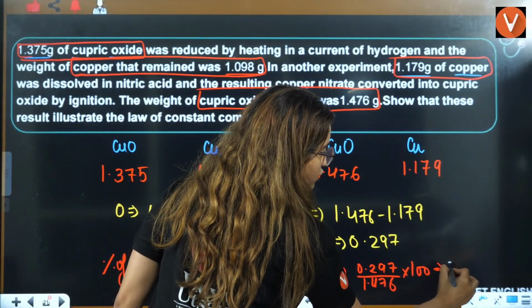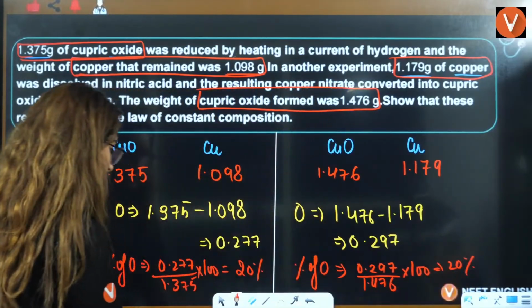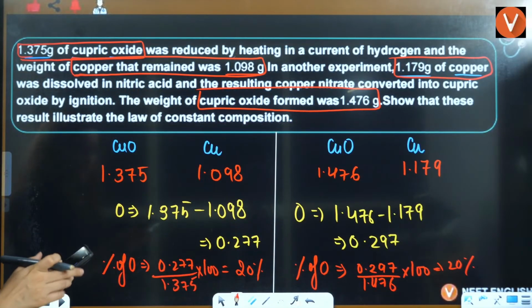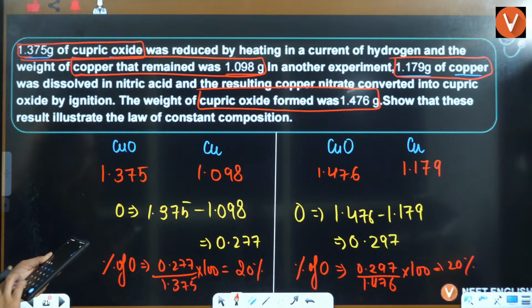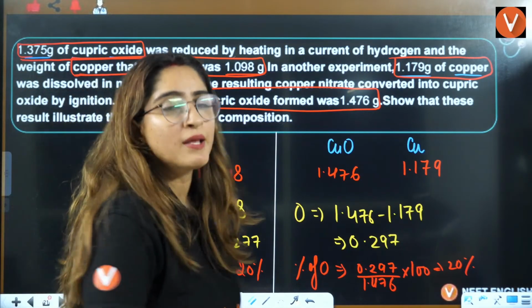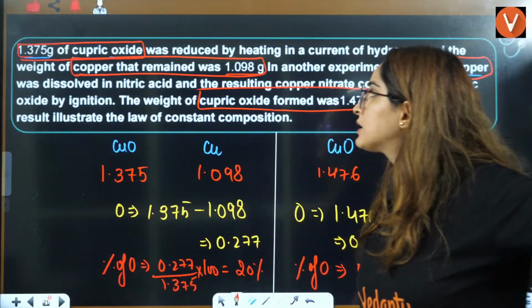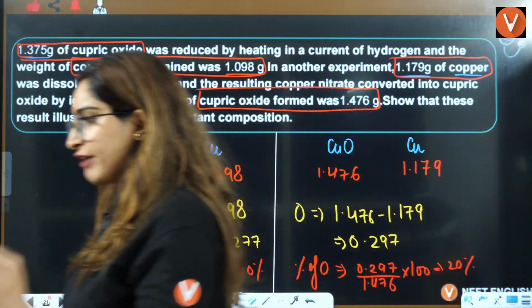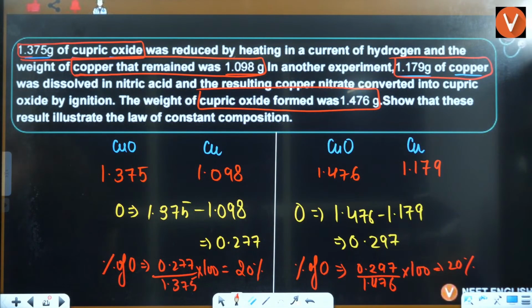I think it should be 20% only. Let me see if it is so. Yes, it is coming out to be 20% only. That means it is in accordance with the law of definite proportion.